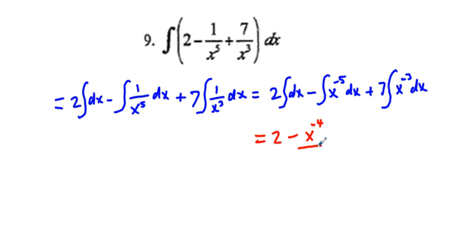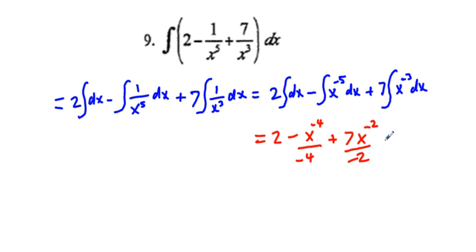And we're going to divide by negative 4. And then we're going to have plus 7 and x to the negative 3. Well, if we take negative 3 plus 1, we have negative 2. So we're going to divide by negative 2.